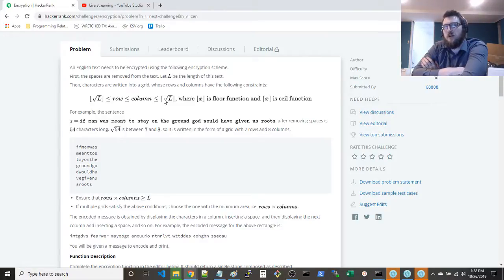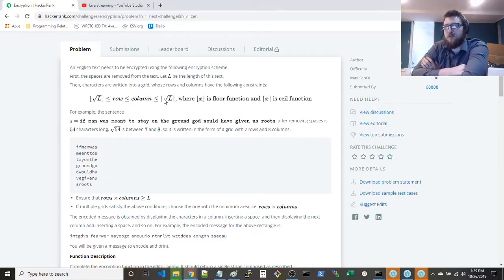But not necessarily. So you could have like a 3x4, or a sort of n by n plus 1: n rows and n plus 1 columns, or n rows and n columns.